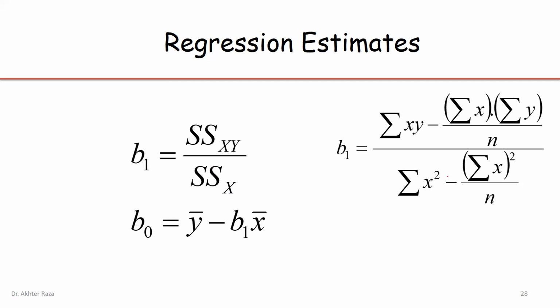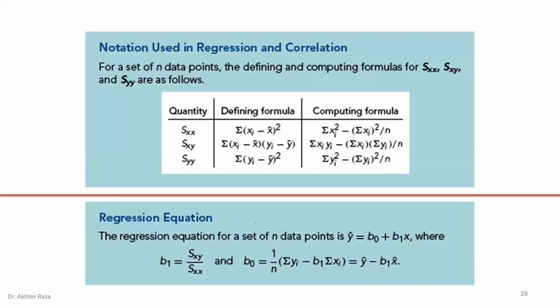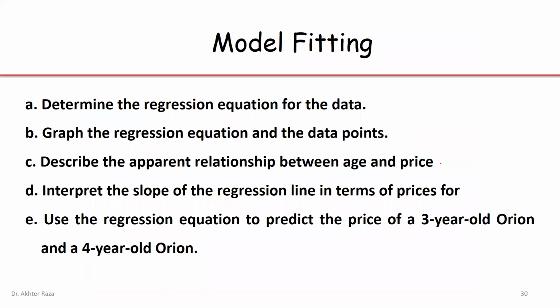If I take the ratio of these two, that is the slope of the line, and the intercept can be obtained by this relationship. Firstly, we will get the estimate of slope or gradient, and then we have to find the estimate of y-intercept.